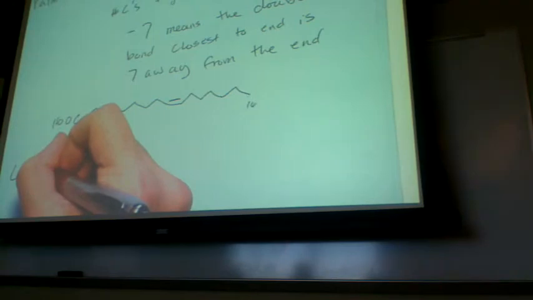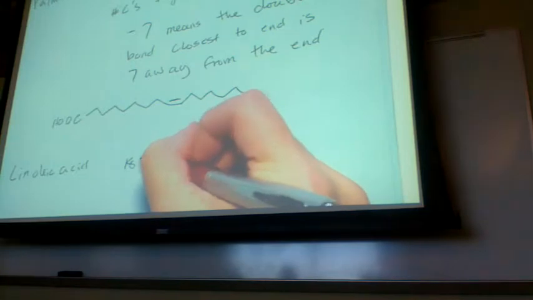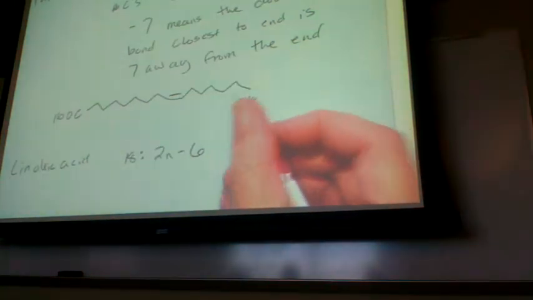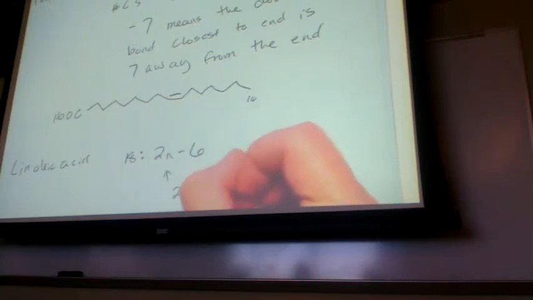The linoleic, the other one I was going to do as an example on the fly, is linoleic acid, which is that 18:2 n-6. So again, we have 2 double bonds.